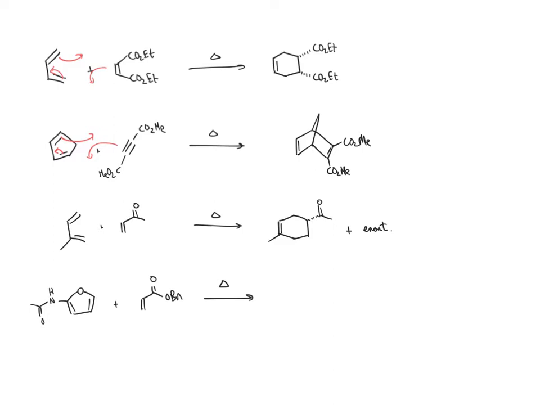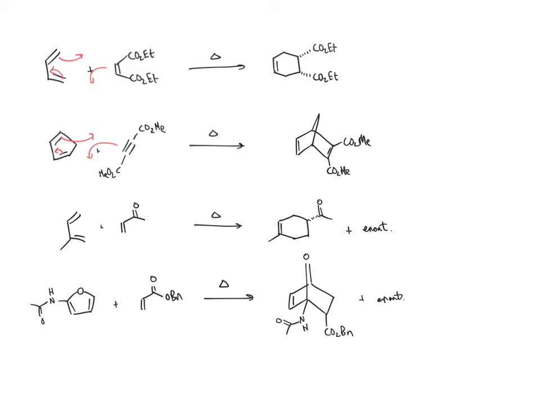This time it's going to give us a bicyclic species which has an oxygen at those bridge heads. All right, it's going to give us this NH, and then it's going to give us this benzoyl ester down at the bottom. It's also going to give us the enantiomer, because we can't create stereochemistry out of nothing.